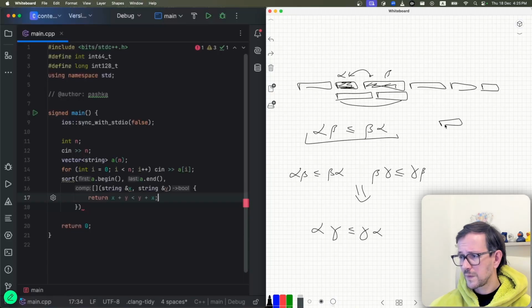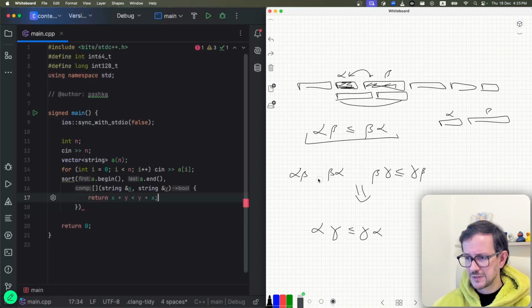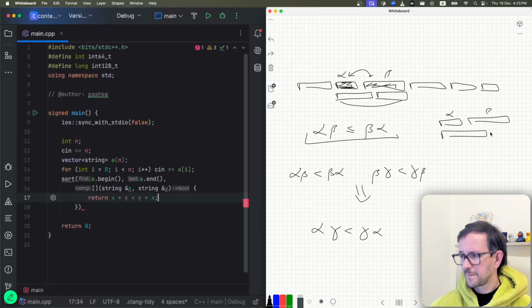So you have alpha. Let's say not less or equal, let's say strictly less for simplicity. There are two cases. You either have this common prefix and then you have some character x, y, or you have the same common prefix, but you have this character here.